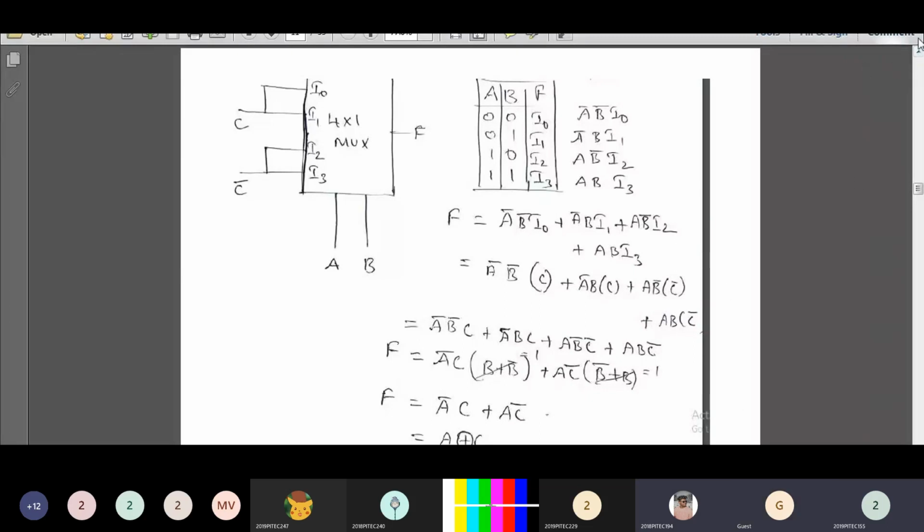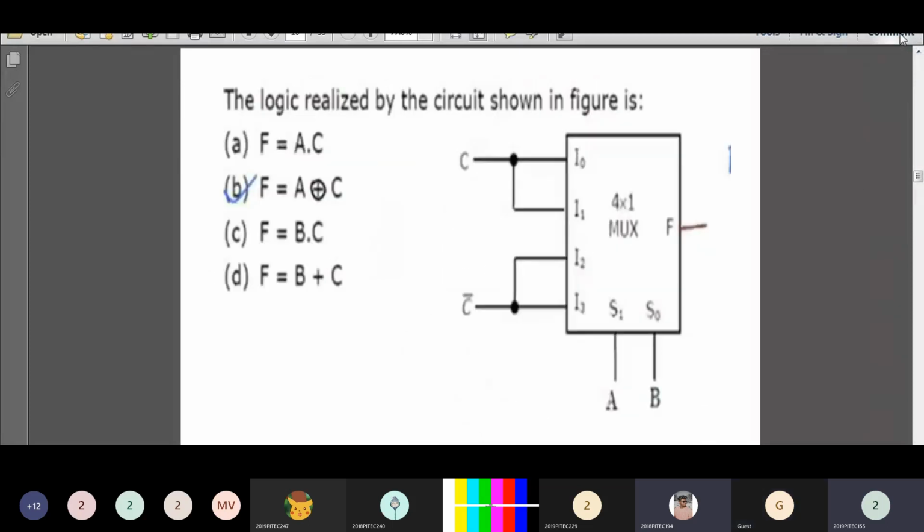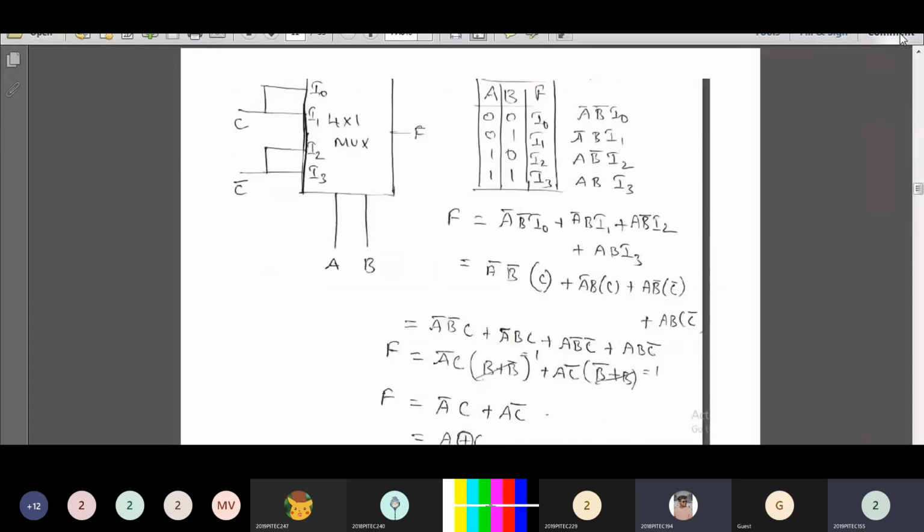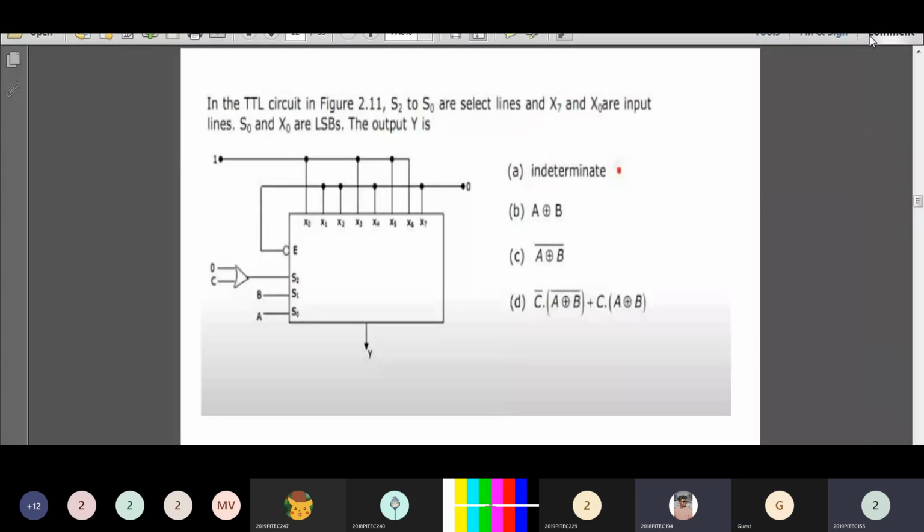Now let's move on to the next one. S2 and S0 are select lines and X7 to X0 are input lines. S0 and X0 are LSBs.